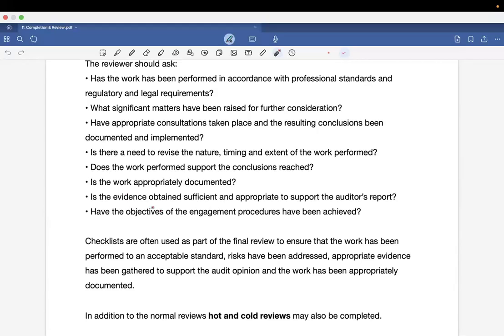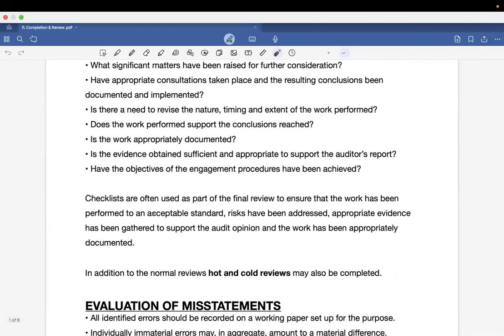Then he's going to ensure that the conclusion, or the auditor's report, has sufficient appropriate audit evidence to back it up. And lastly, he's going to ensure that whatever the objectives of the engagement were, they have been achieved or not. This would be like his main checklist, right? So he's going to ensure that all of these things are correctly done.